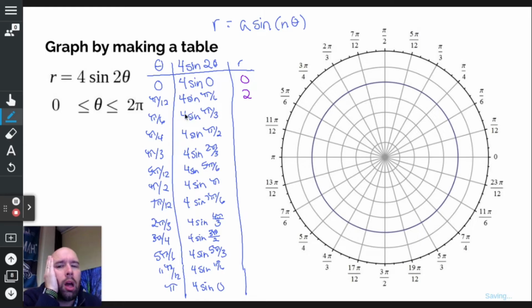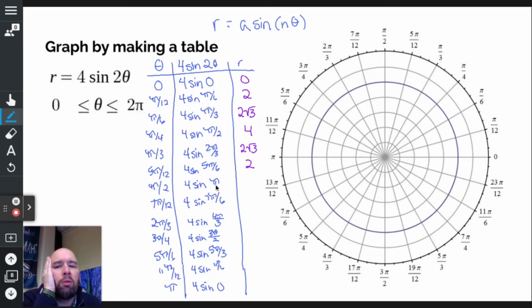This becomes 2 root 3. This becomes 1, so 4. This becomes 2 root 3, because it's root 3 over 2. 4 times root 3 over 2 is 2 root 3. This becomes a half, 2.